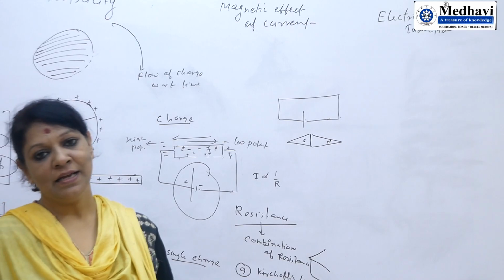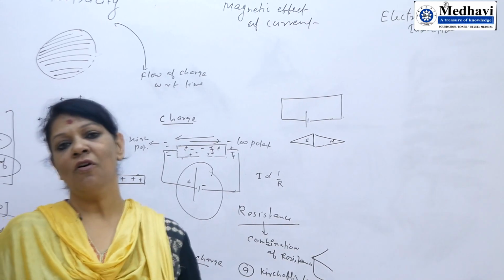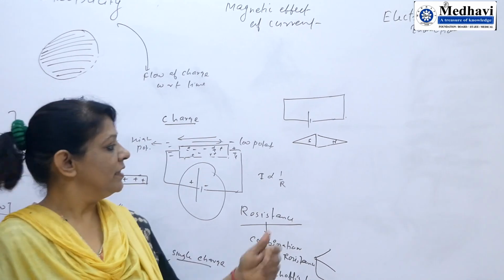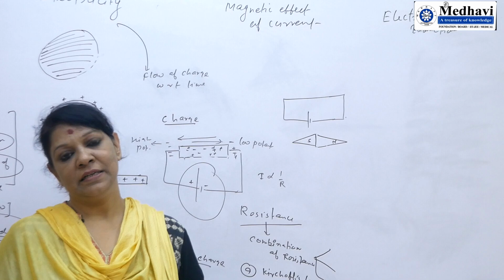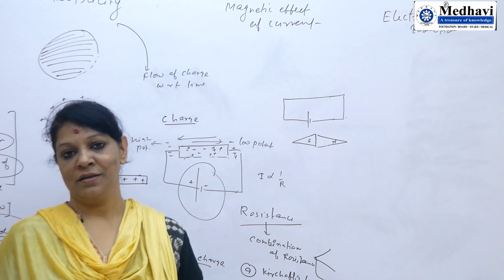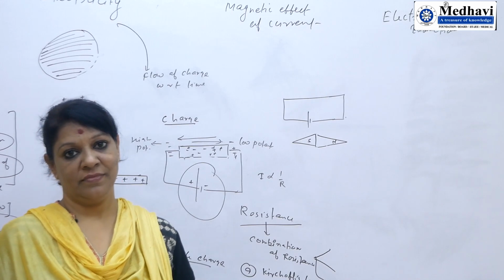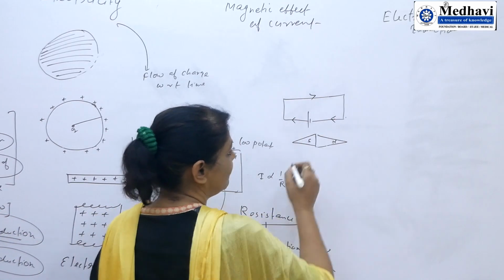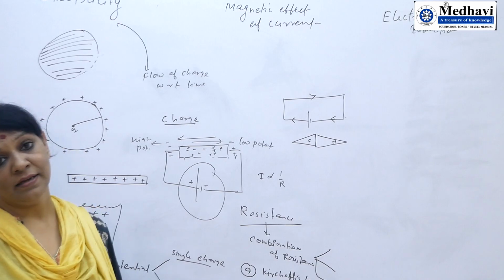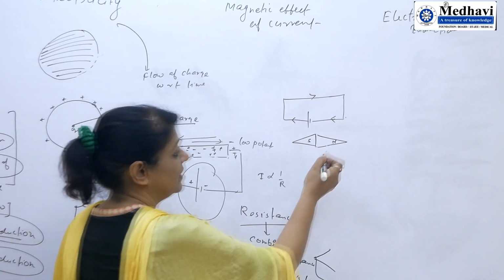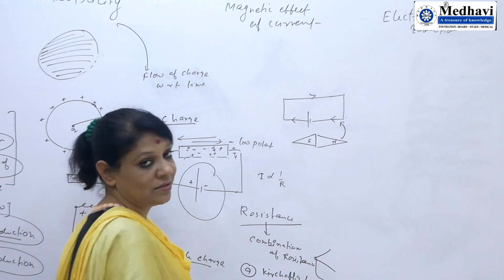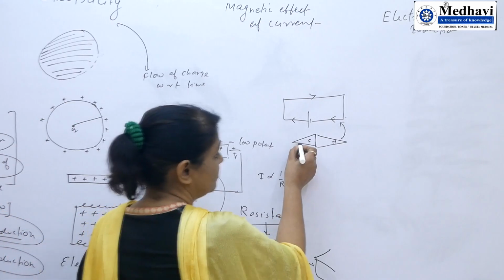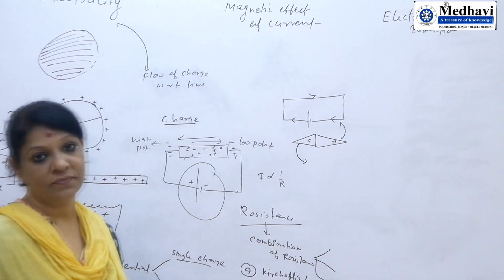He observed that when uniform electricity is flowing through a wire, this magnetic compass does not show any changes. But when current is flowing through the wire, he observed that the north pole is shifted towards the wire side, and it moves this side. He was shocked.